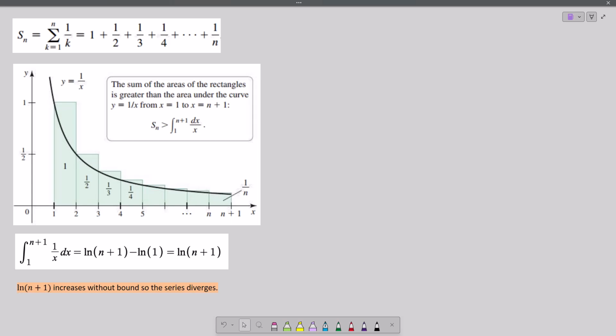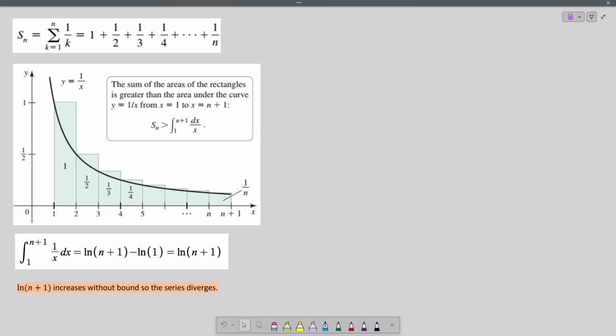But what we can do is look at some geometry from the graph of 1 over x. So here's a picture of 1 over x. We want to try to understand geometrically what S sub n is. S sub n is those n numbers added together. Here's a visual. The green rectangles from 1 to n plus 1 represent those n terms.